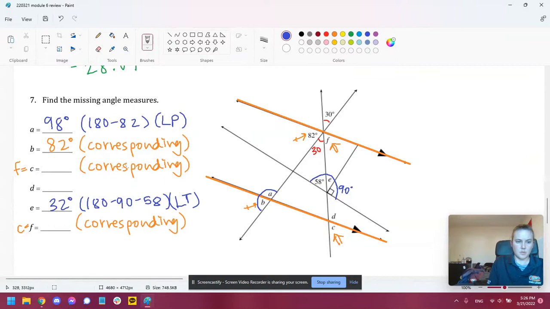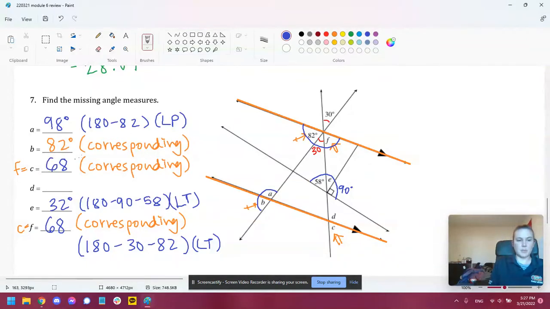F is 180 minus 30 minus 82. That's also a linear triplet. So 180 minus 30 minus 82 is 68.